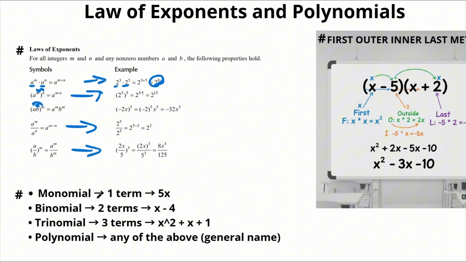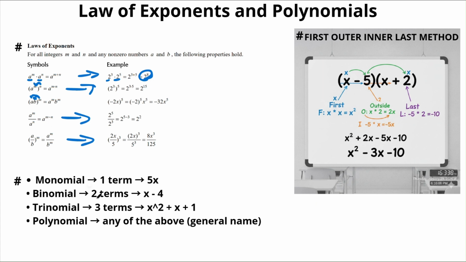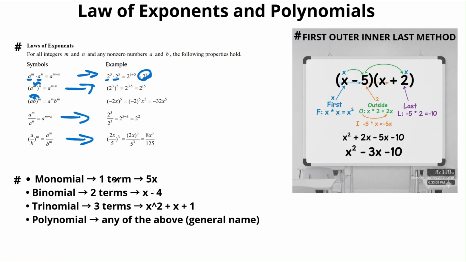And there are terms actually that you have to know. First one is monomial, which means one term. Example, 5x. This is a monomial. And binomial, it means there are two terms. There's one term and a second, another one. So you call it binomial.